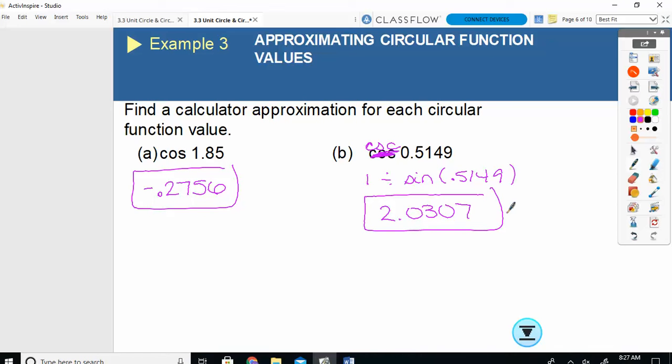So we get 2.0307. Are we okay with doing those? Everybody got those answers?